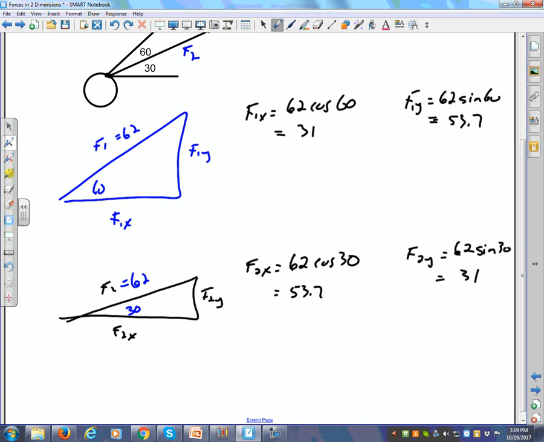I heard Danielle say they're the same numbers, just switch places. You haven't figured out yet in your years that cos 60 is the same as sine 30? Isn't that a trig identity?